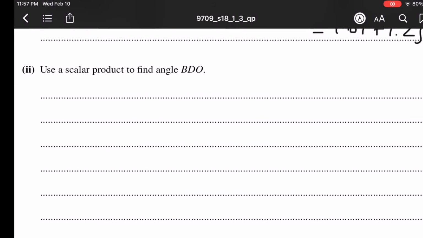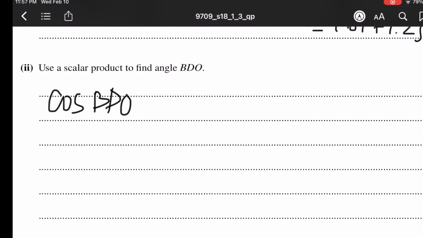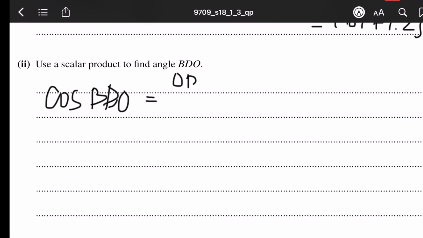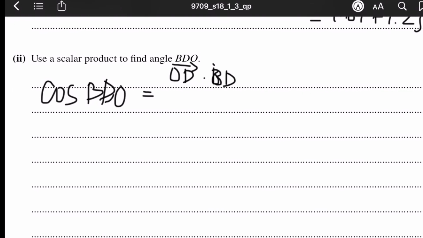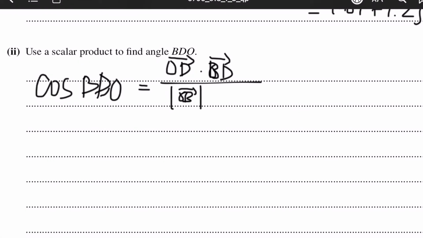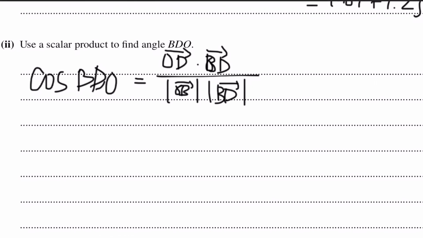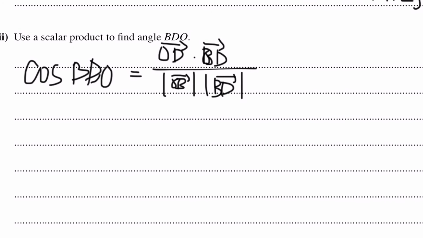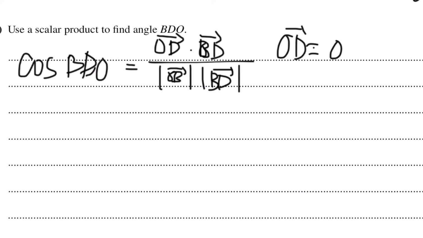The formula is cosine BDO is equal to the scalar product of OD and BD over the magnitude of OD and BD. You don't know OD yet, so you can go ahead and find that vector. OD is equal to OC plus CD.